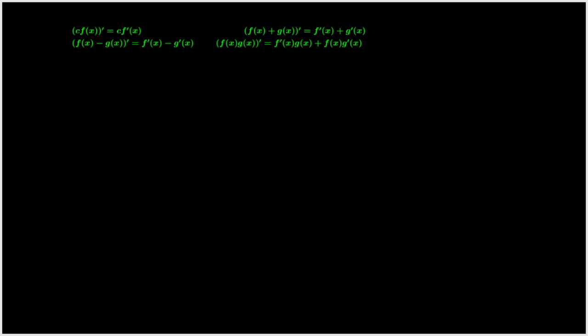We don't prove the properties, but if you really do want to prove them, it's not too hard at all. If you read textbooks, it uses the definition of the derivative. It's easy to prove all these properties.